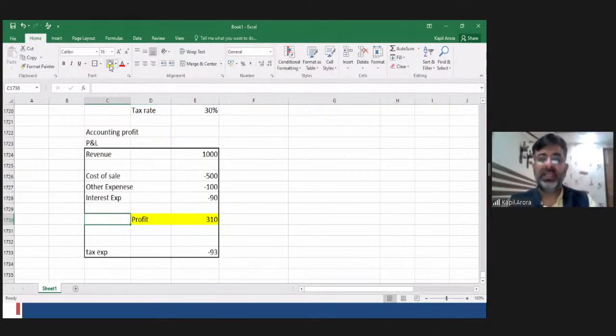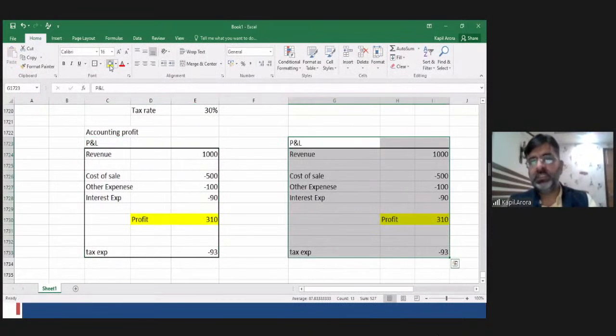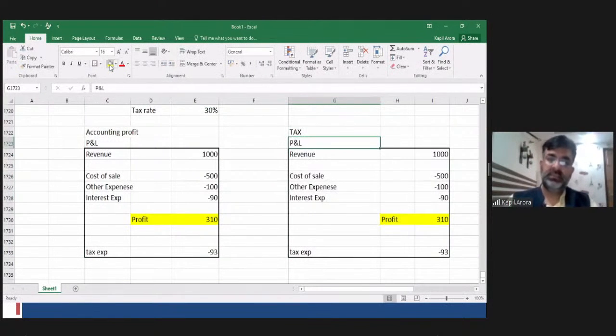The answer may be yes, the answer may be no. There are different rules which we have. The allowances are different and everything is different. When the allowances are different, things are different. To calculate tax, companies are required to follow a separate book also, which is known as tax books.